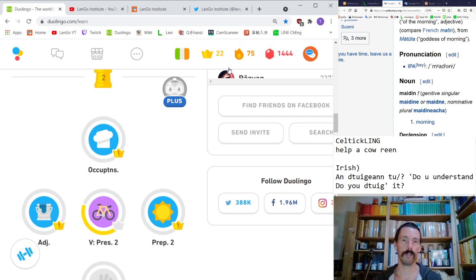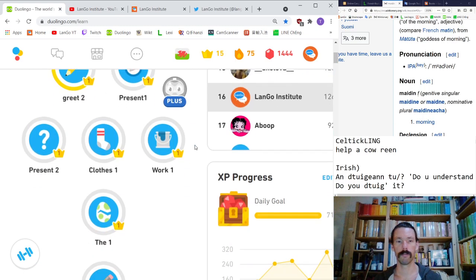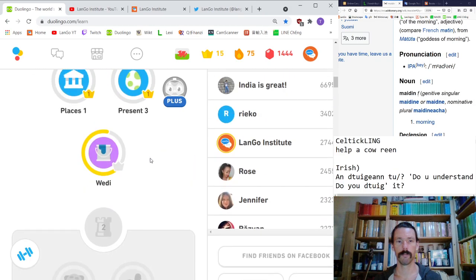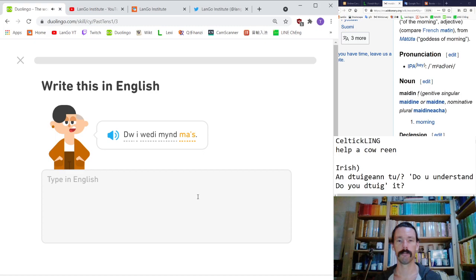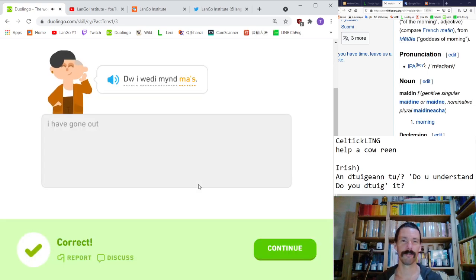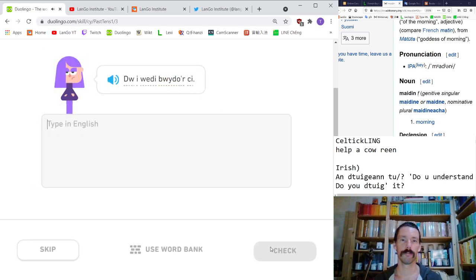So, maybe back to Welsh for a second. Dwi wedi mynd mas. I have gone out. Interesting. Mas, maybe a fusion of two words. Dwi wedi bwydo'r ci.